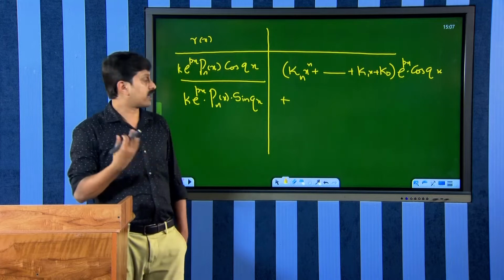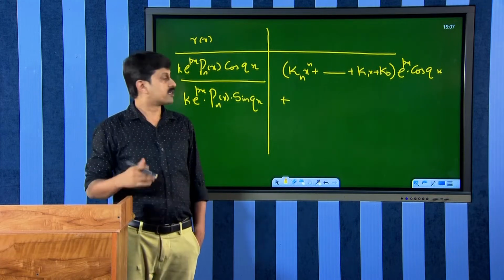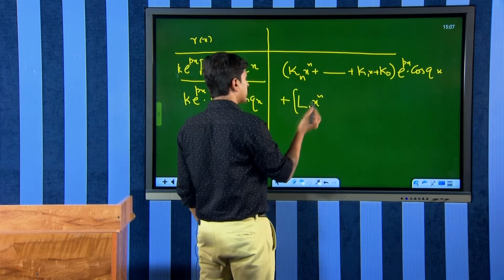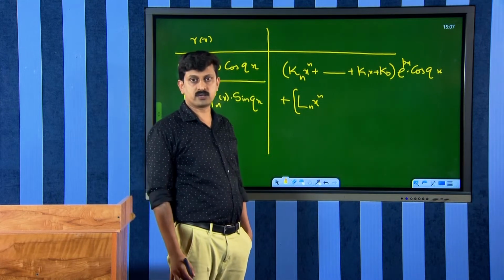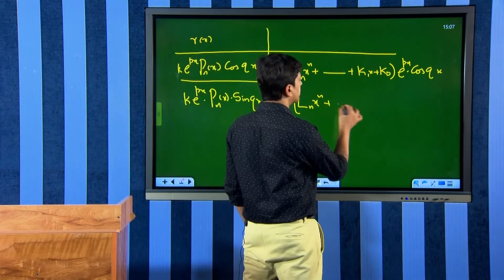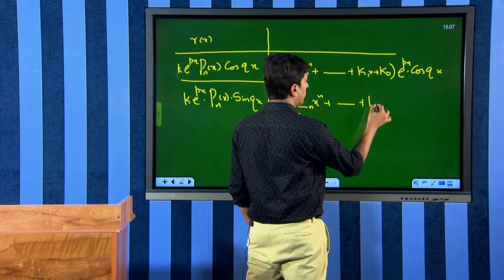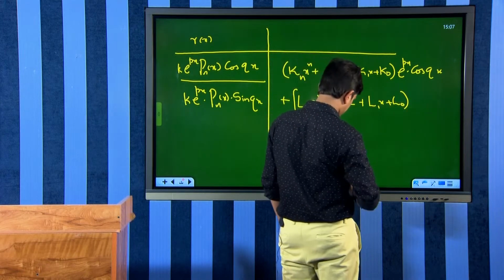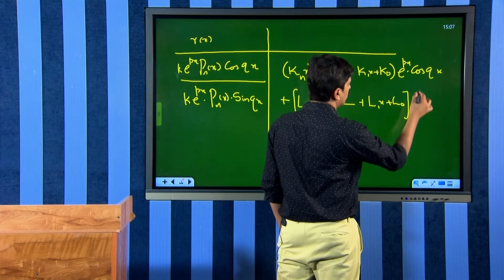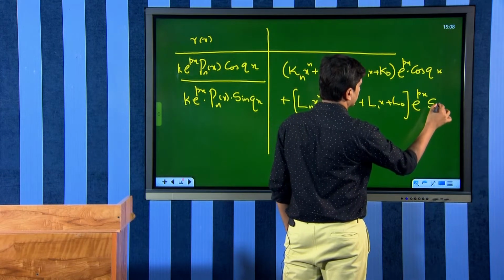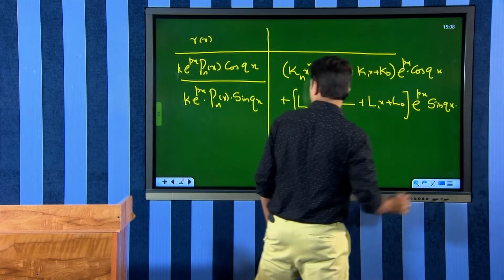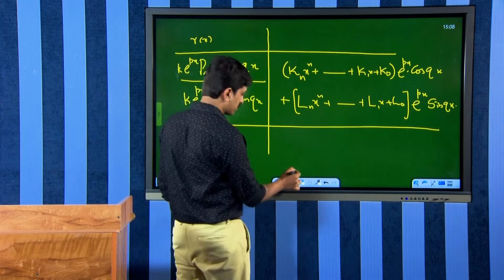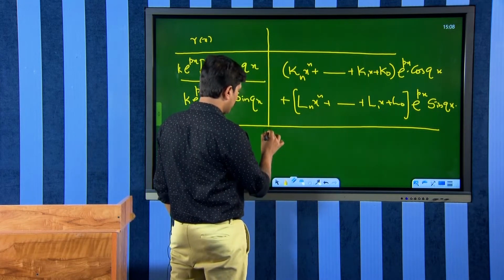So we can have another polynomial, ln x raised to n, where ln is the coefficient of x raised to n, plus ln minus 1 x raised to n minus 1 plus L1 x plus L naught, into e raised to px sin qx. This is the final choice, dear students, for that case.